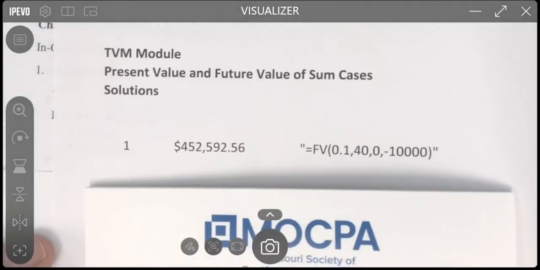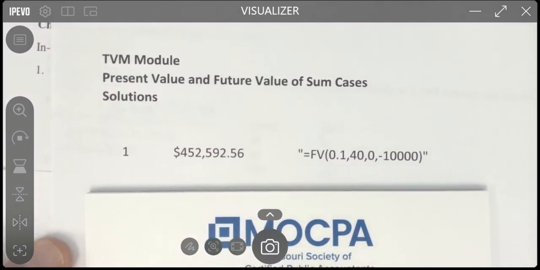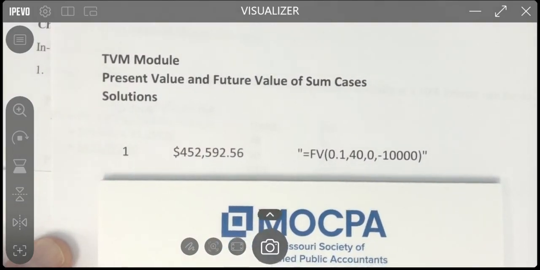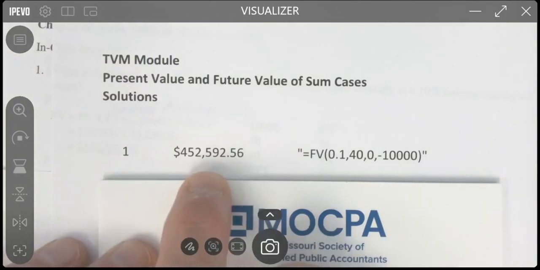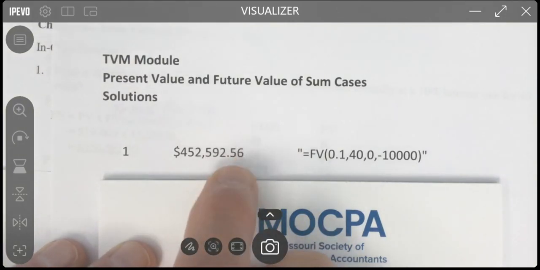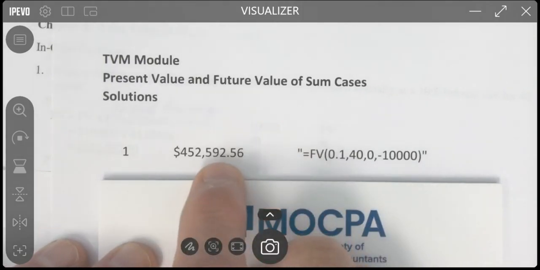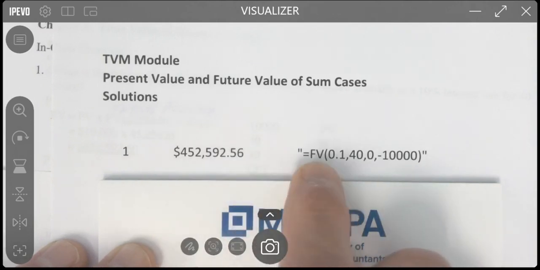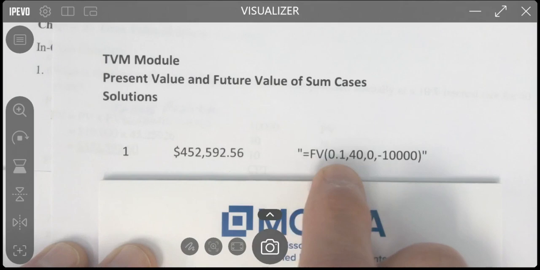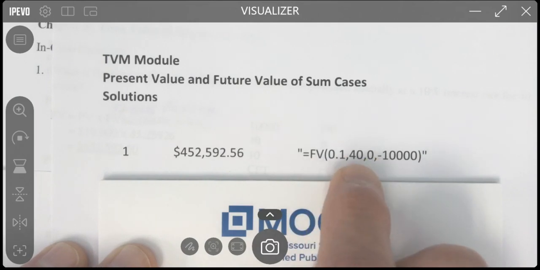Finally, using Excel, so add this to your notes as well. The answer again is 452,592.56. Those little rounding differences are because Excel doesn't have to round very much, so these are more precise. Here are the keystrokes I put in the cell: equals FV, 10% is the rate, 40 is the number of periods, 0 is the payment, there is no payment.